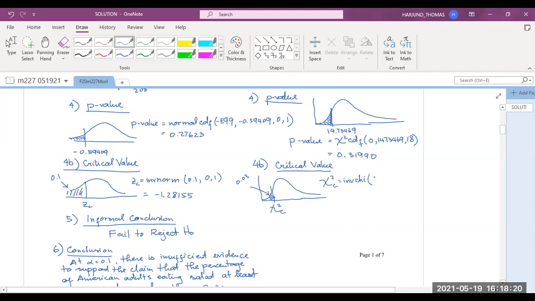Inverse chi, you do 0.97, that's area to the right, and degree of freedom 18. Okay. Now you use the program. I hope you remember area to the right, 0.97, degree of freedom 18.